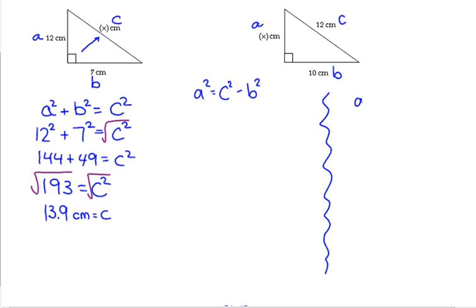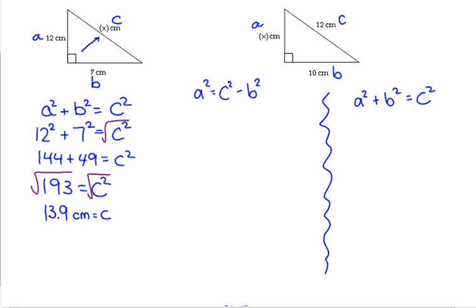You could either have the formula rearranged, where I just subtract B squared to the other side to get A squared by itself. That avoids an extra step. Either way is fine. I'm going to write down both ways. You write down the one that you like, okay?